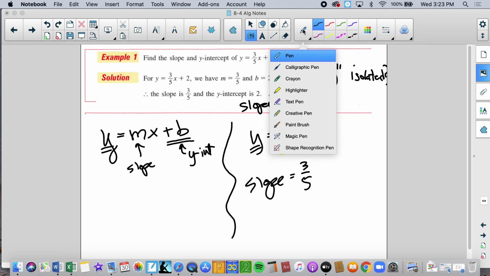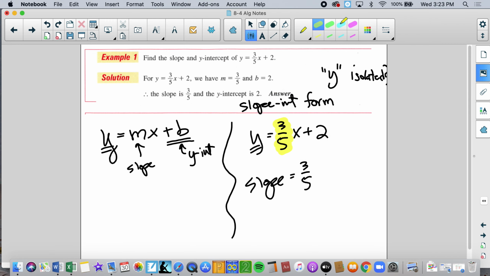What is the y-intercept? The other thing I can pull out is the y-intercept. What's being added or subtracted to the variable x? Well, I see that 2. So my y-intercept is 2 and my slope is 3/5.